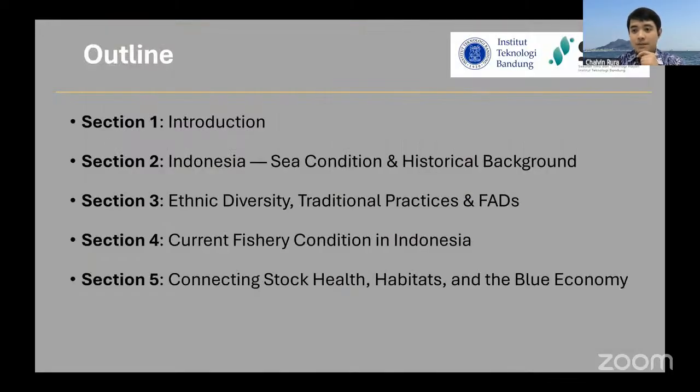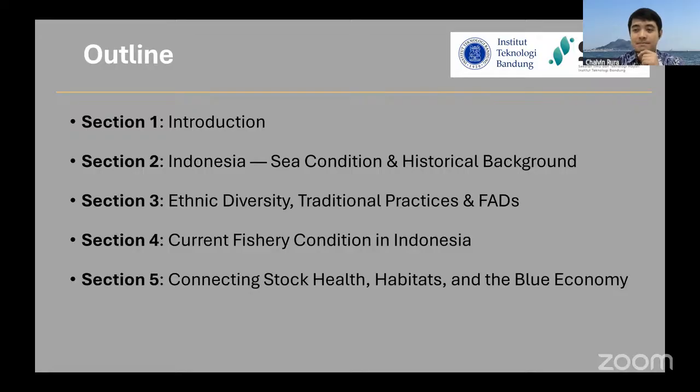So my talk will be divided into five sections. The first, I will introduce myself. The second, a bit of oceanographic and historical background of Indonesian fishery. The third is how ethnic diversity and traditional practices affect the fishery in Indonesia, but mostly just specific cases, not the general trend.